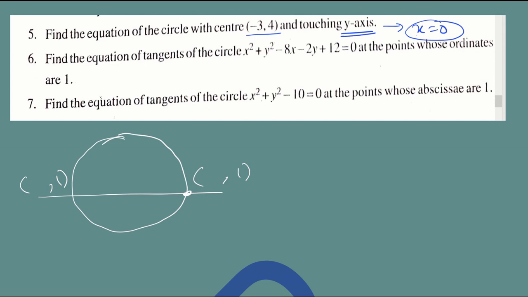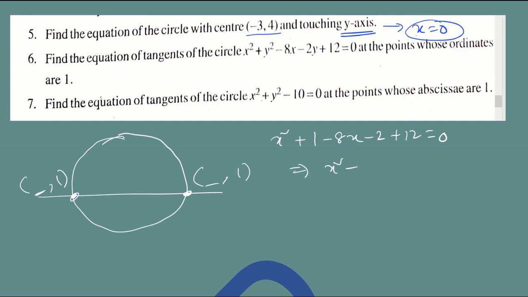I don't know the x coordinate, but observe that the points lie on the circle. So putting y equal to 1 in the circle, you will get the corresponding x coordinates. So let us do that. If I put y equal to 1, I will get x square plus 1 minus 8x minus 2 plus 12 is equal to 0.